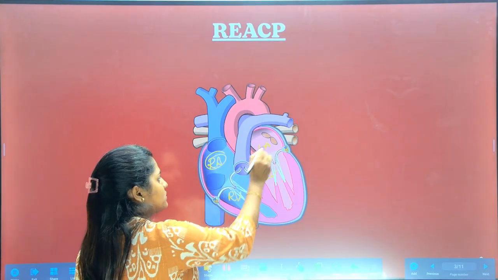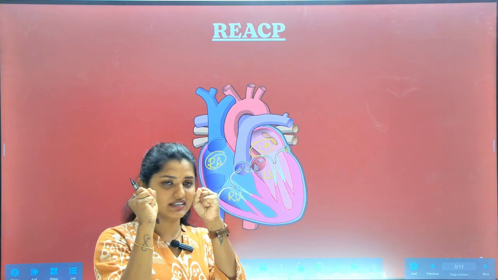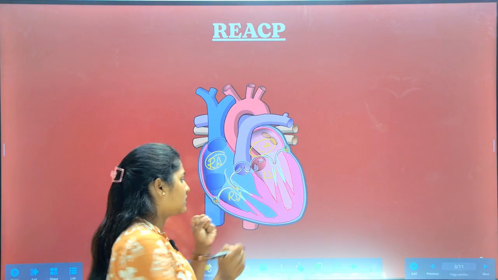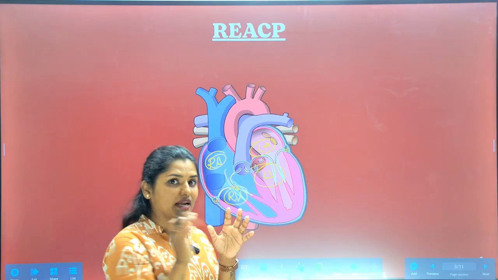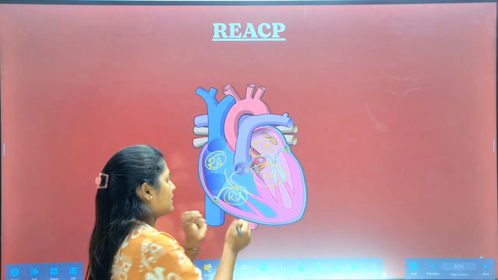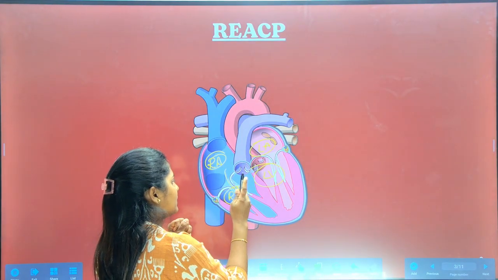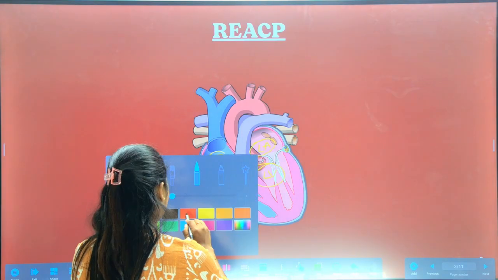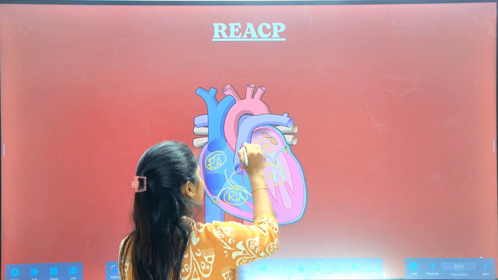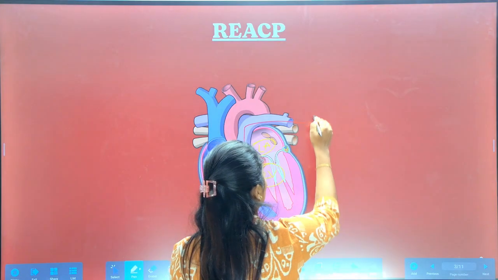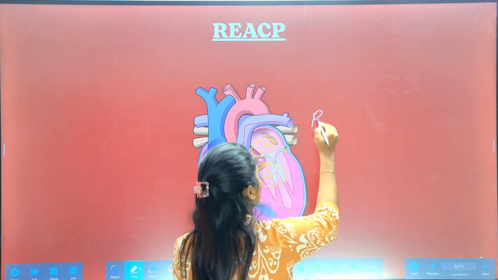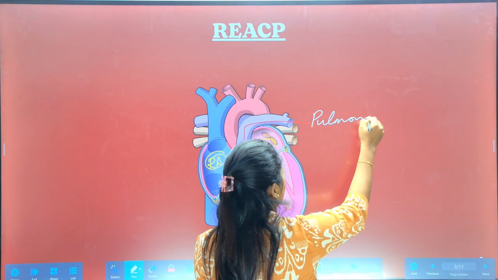Both atria will get contracted, and then they pump blood to the right ventricle and left ventricle at the same time. Then the ventricles will get contracted, and from here blood will get transferred with the help of the pulmonary artery. So these are the pulmonary arteries, right?